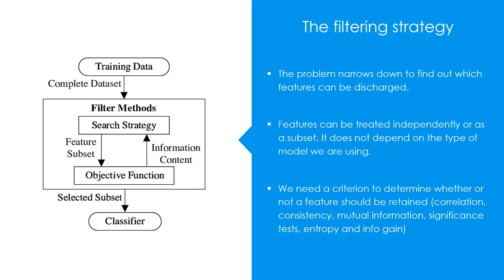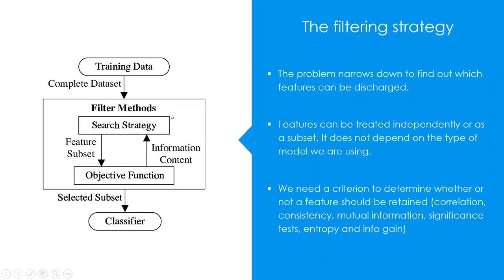In both cases, the important characteristic here is that the results don't depend on the model. So we don't have any particular model. In this diagram, you can see that we receive the training data, which is basically the complete dataset, and we have the filter method.